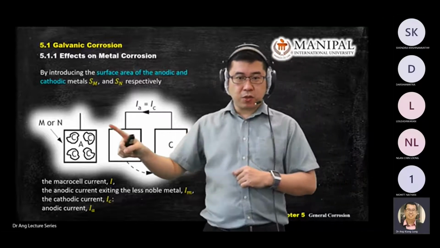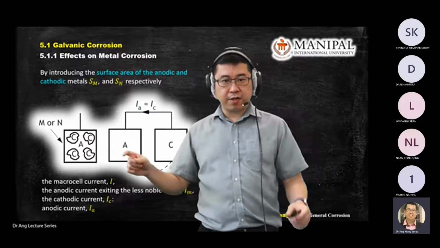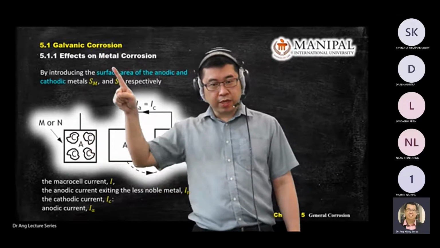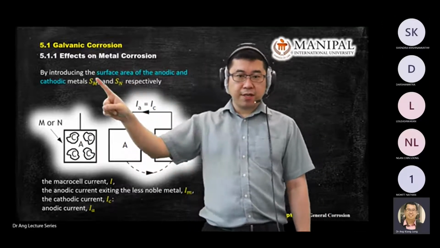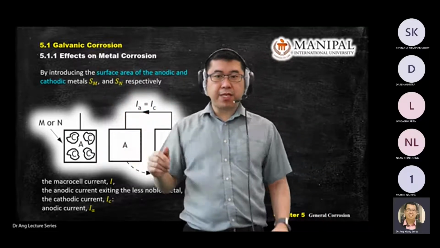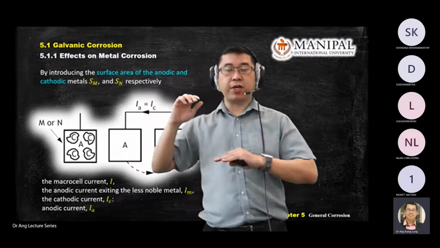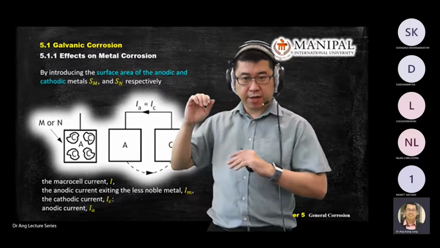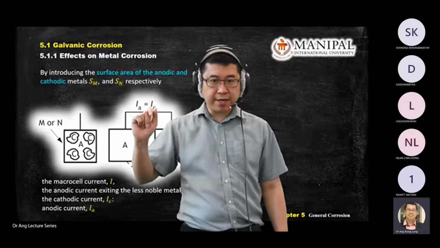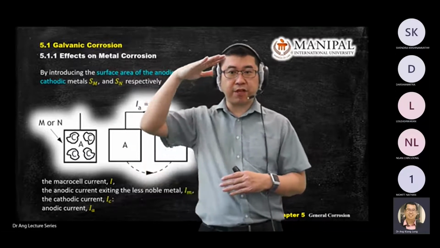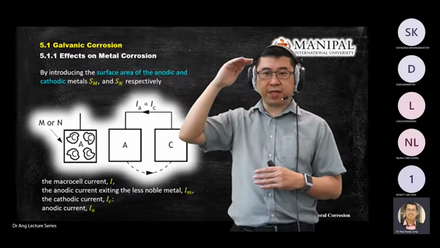So in this schematic diagram, you have two types of surface area, one is M or N. In the mathematical model, we use S to represent surface area. S sub M, capital M, means less noble metals, or another word, we call them anode, the surface of the anode. S sub N is the surface of the noble element, or the surface of the cathode.